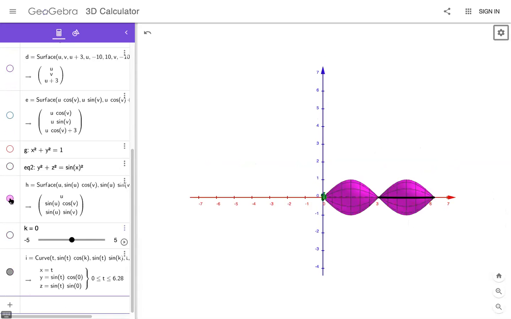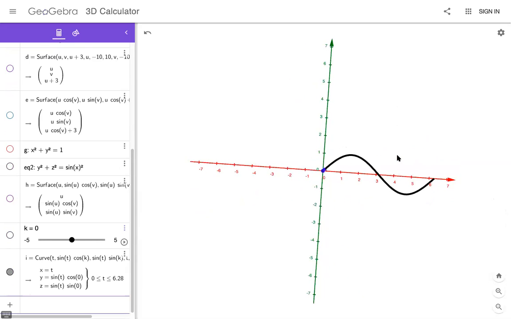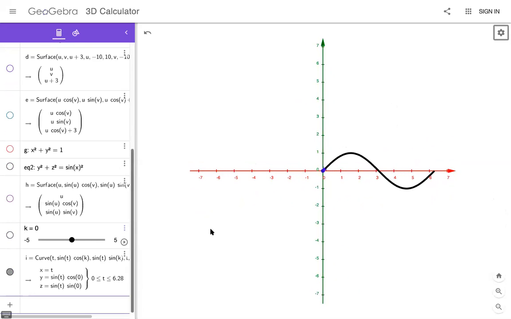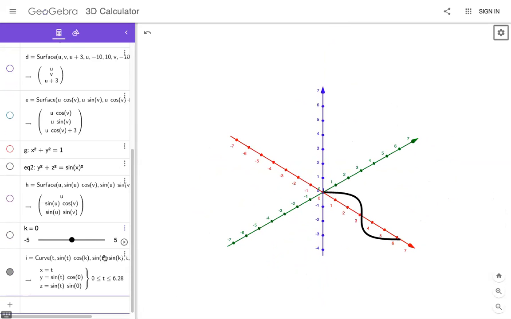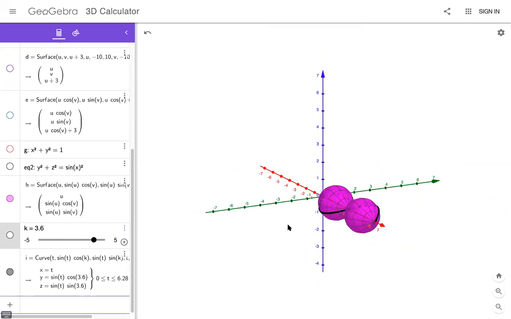Now, if I get rid of this surface for a second and go upwards, that's just a sine curve, right? I've created a sine curve in the xy plane. As that sine curve goes around, it's going to rotate and trace out the surface that we just found. So that's how we think about surfaces of revolution. They trace out what the surface should be when you rotate the curve around the x-axis.